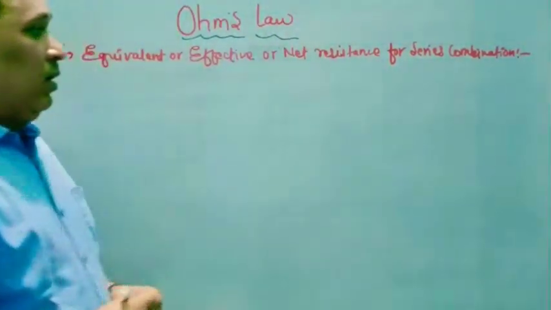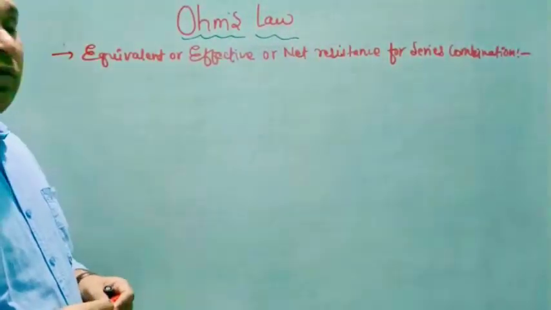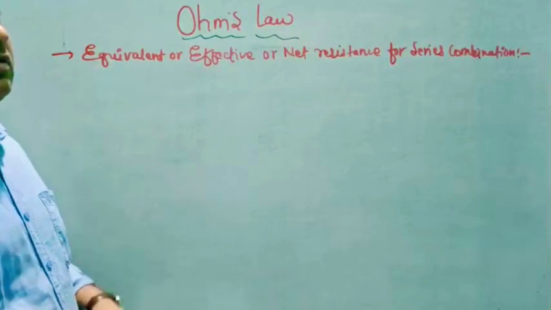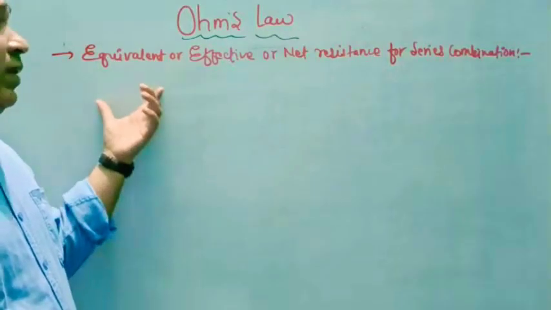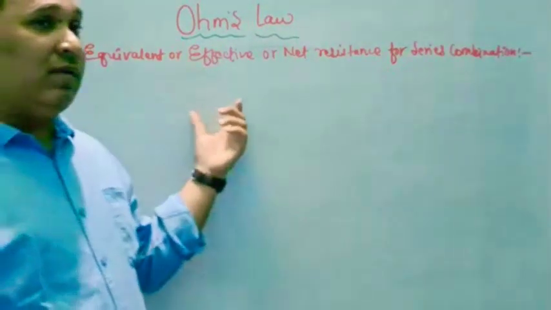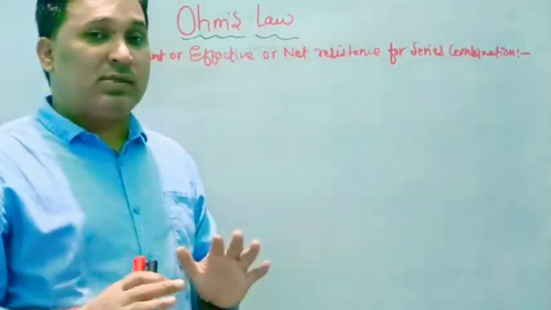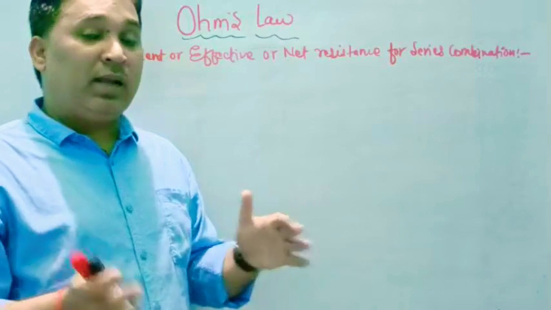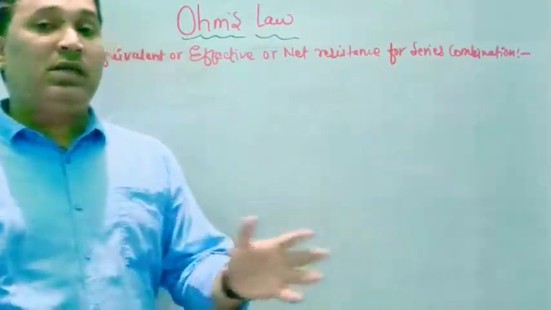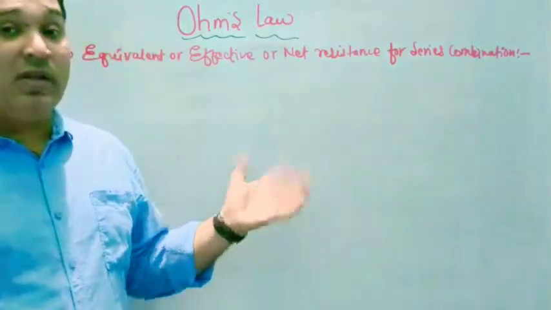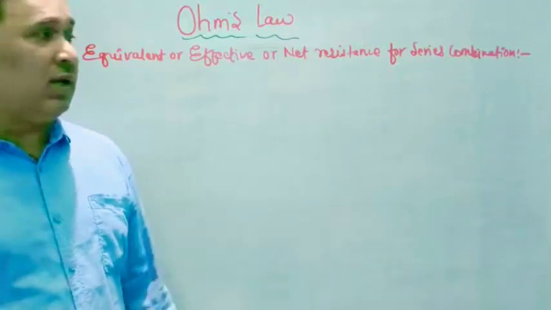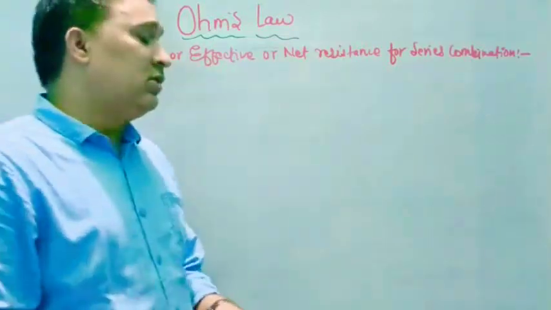So children, we are going to calculate, or you can say derive, a relation for the equivalent, meaning total, the effective, meaning total, net meaning total, resistance as a result of combining n number of resistances in series combination. तो टोटल रेजिस्टेंस कितना होगा ये हम अभी कैलकुलेट करेंगे, फार्मूला डिराइव करेंगे इसके लिए.